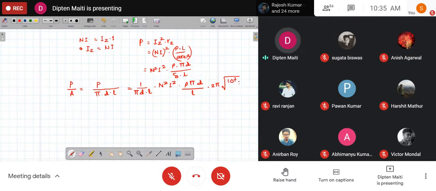Putting the 1 by delta value, this is equal to f divided by 10 to the power 7 into rho. Let's remove some parts. Here delta goes out, and pi and pi are removed.